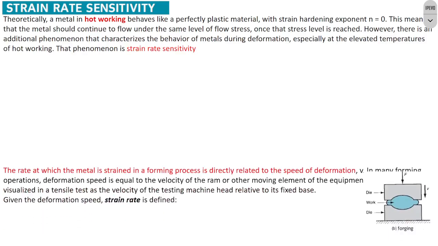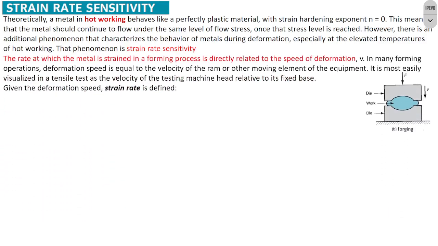And then, dear students, the last part is about strain rate sensitivity. If the strain speed, the deformation speed, increases, then correspondingly the stress value is going to be greater.